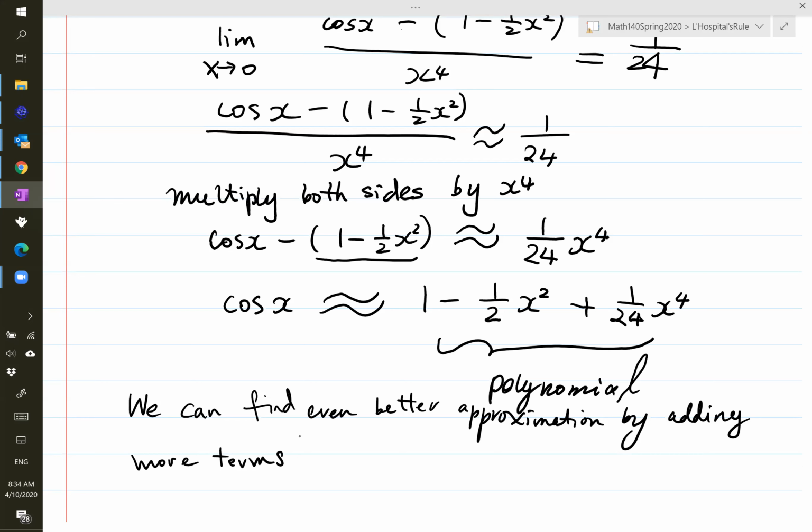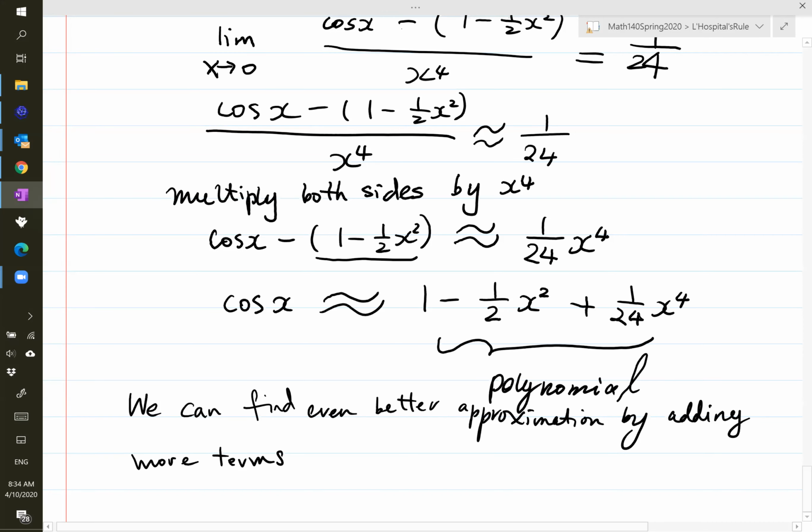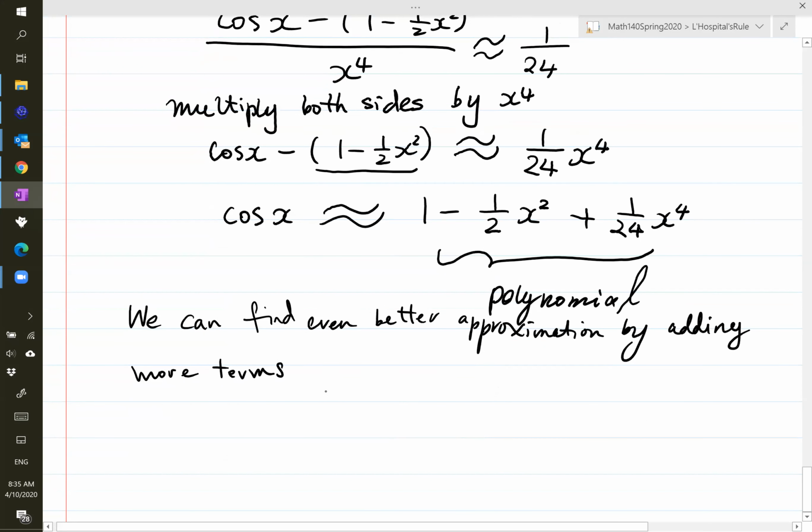More terms, etc. This idea, if you study calculus 2, is pushed further. It's called the Maclaurin series or Taylor series, i.e., you approximate a function by something like a polynomial.